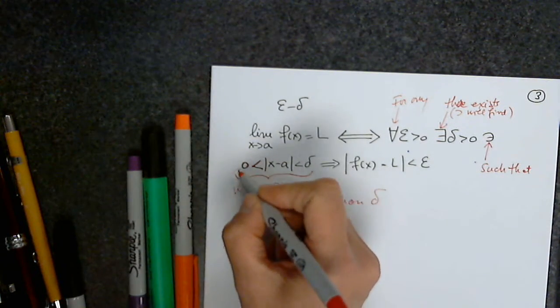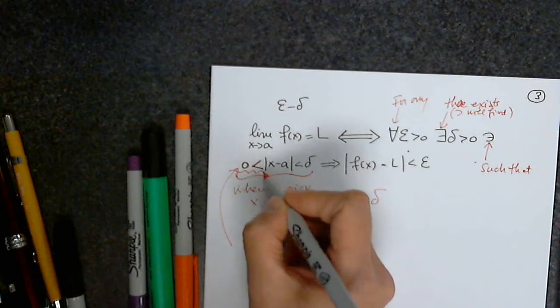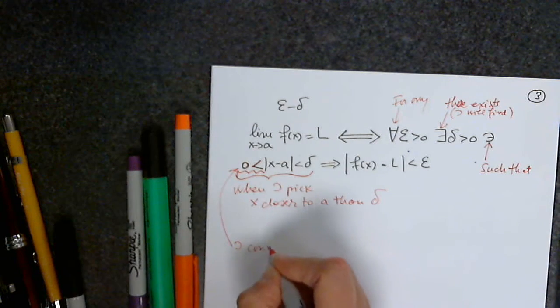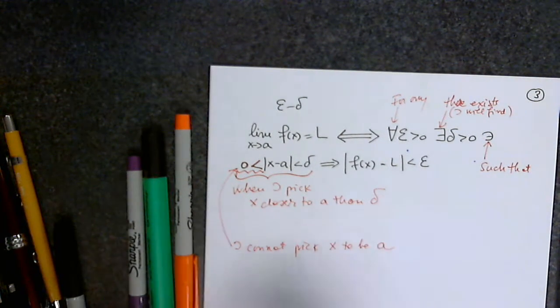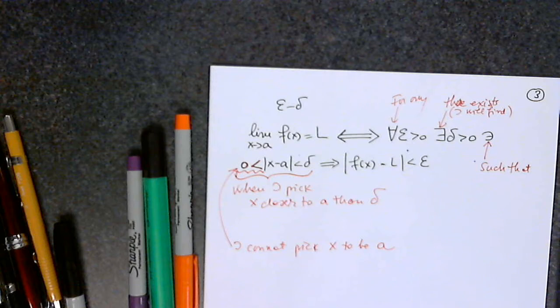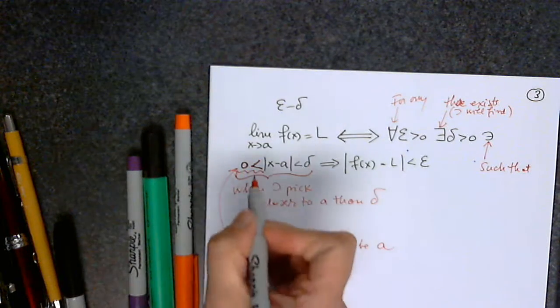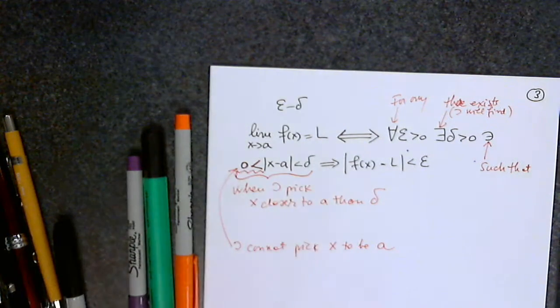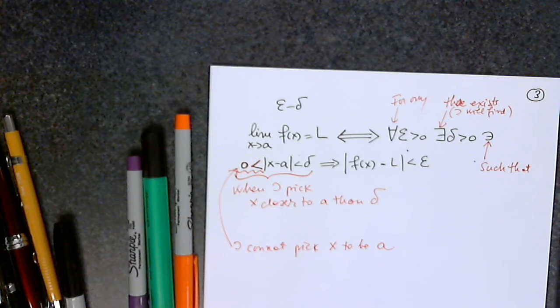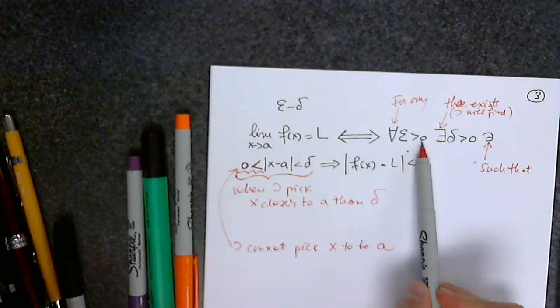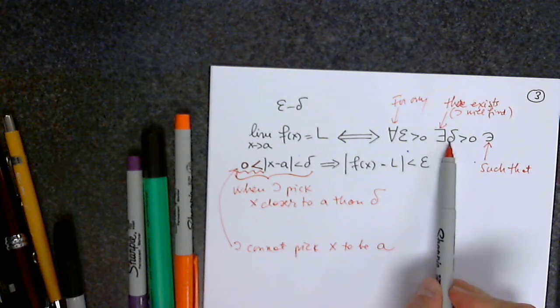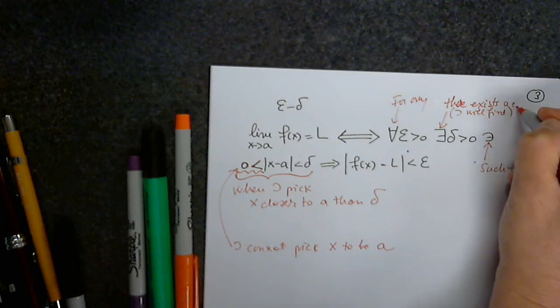So this part right here, I cannot pick x to be a. That's the purpose of that, of greater than. You can say, but absolute value is always greater than 0. True. But the fact that it does not have equal symbol, it means that I cannot pick x to be a. So, for any epsilon greater than 0, I will find there exists a corresponding, I forgot to write.